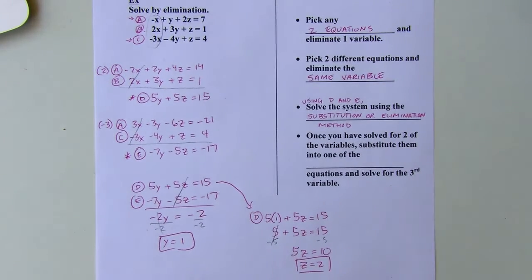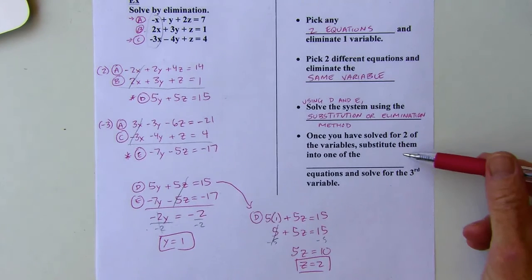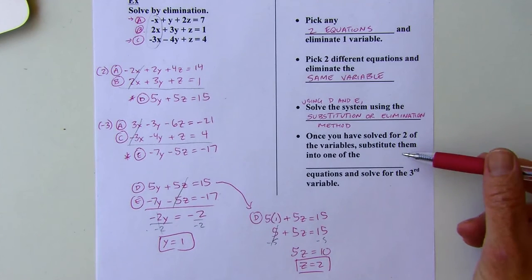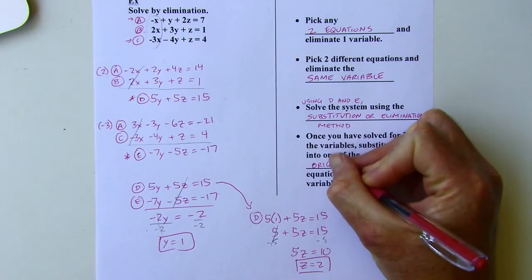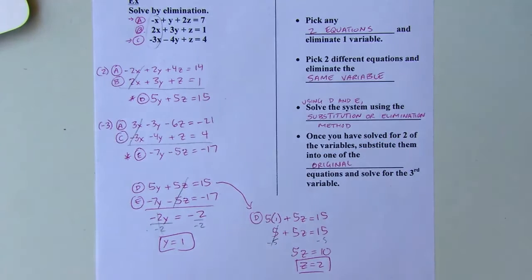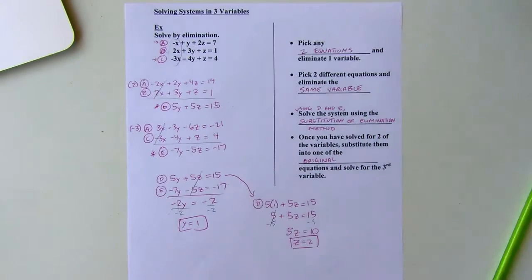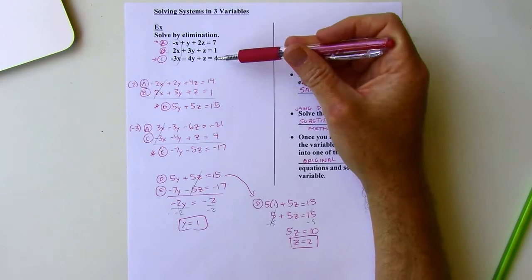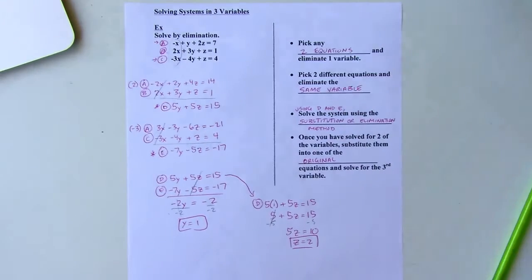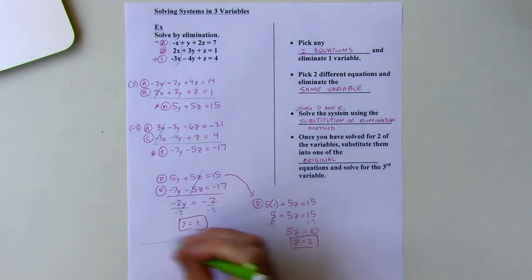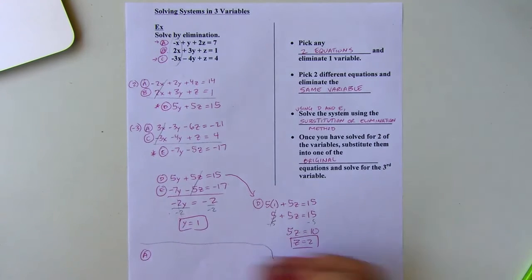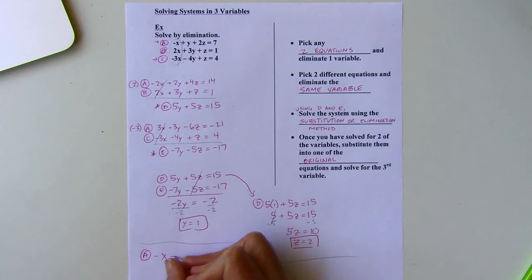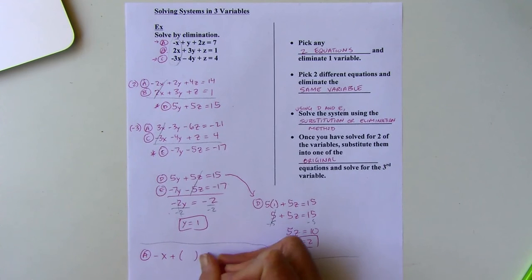Okay? So once you have solved for two of the variables, substitute both of those variables into one of the original equations. And then I can solve for the third one. So I'm going back to either equation A, B, or C. Choose whichever one you want. I'm just going to use A and substitute in. I don't have x yet, but I have y and z.